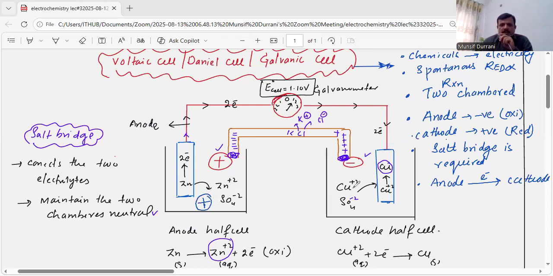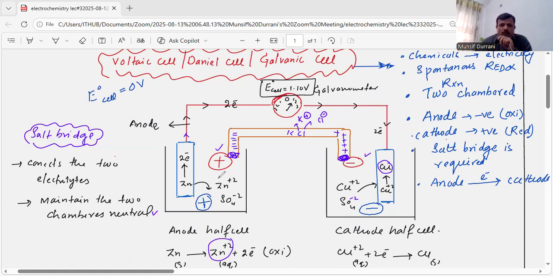And as copper ions are consumed in the cathode half cell, sulfate ions increase, so negative charge will increase in the cathode half cell. When the positive charge increases in the anode half cell, it will not let the electrons move towards the cathode. So the voltage of the cell will drop to zero, and the voltaic cell will not produce electricity.